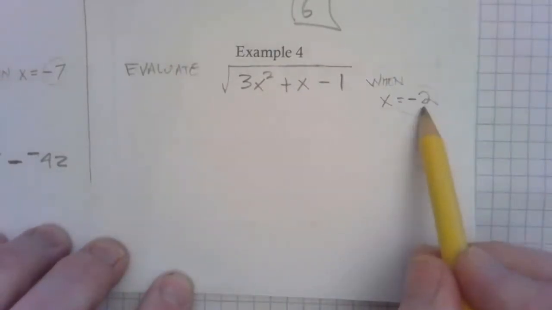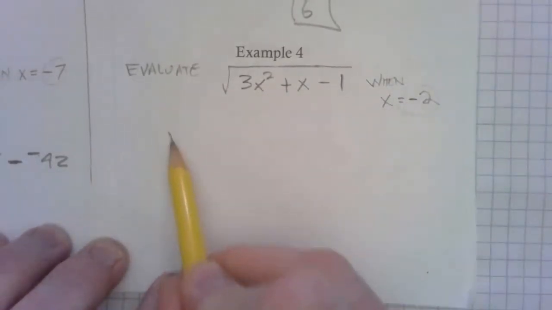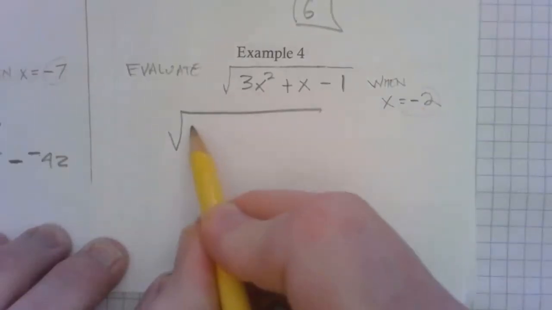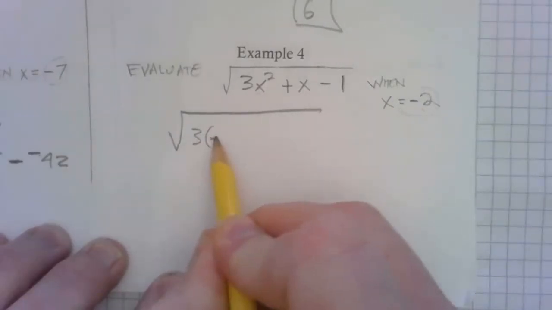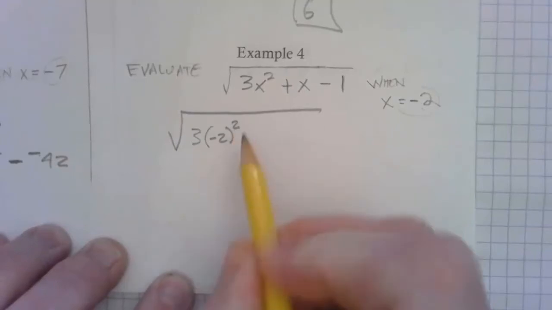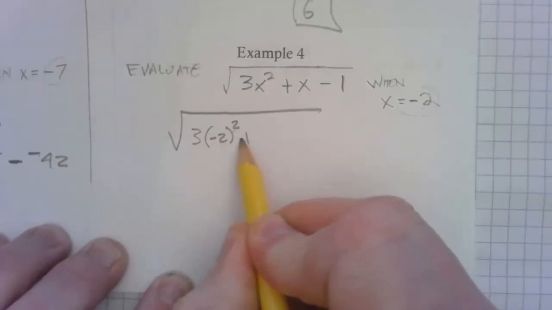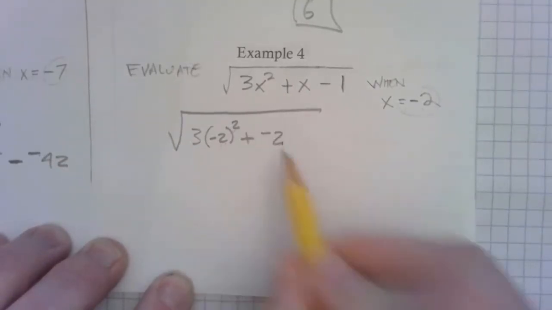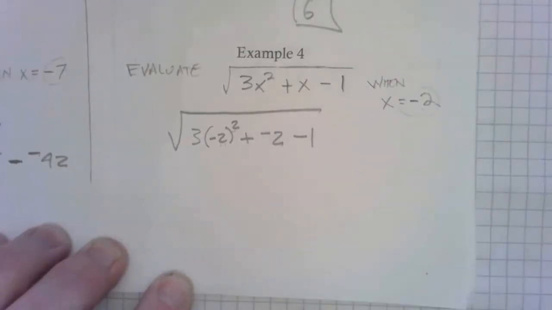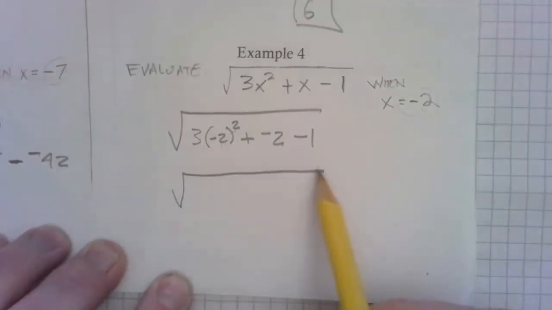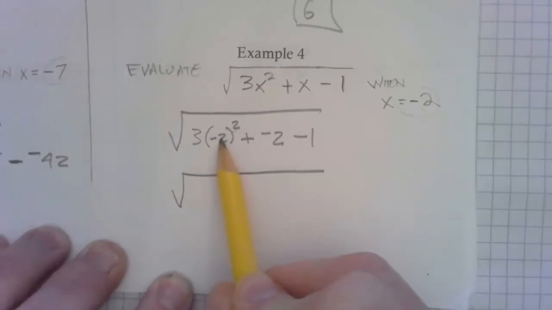All right, let's try this. We're going to put this negative 2 in everywhere we see an x. Remember, don't worry about the radical there. Just leave it. So it's 3 times negative 2 squared. So just the negative 2 is going to get squared. Plus a negative 2 minus 1. All right, so let's clean this up a little bit. Negative 2 times negative 2 is 4.